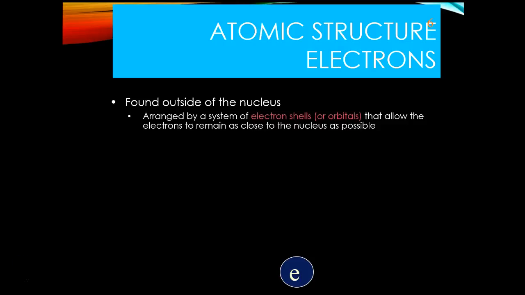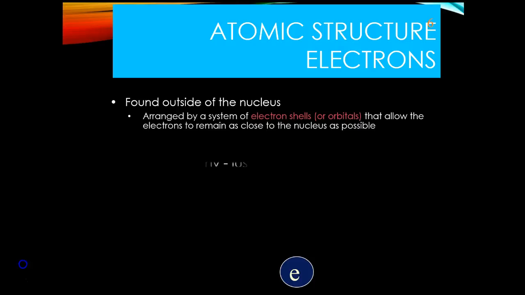All right, let's move on to the electron. Now the electrons are located not in the nucleus. We know that they're located in orbitals or shells. So they actually orbit about the nucleus, but they're not in the nucleus. They're found outside of the nucleus. And again, they are orbiting around the nucleus, or in these shells, or electron shells as we might call them.